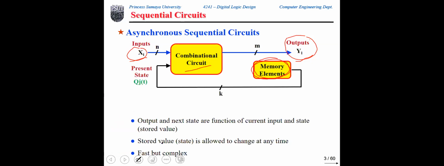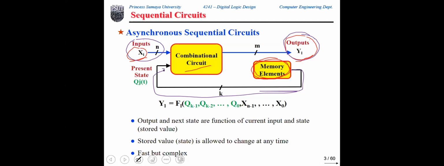So this is represented like this. So any output value is basically a function of the current input combination, and the value that is stored here, which is called the state. For simplicity, we call it the state. And specifically, we call it the present state. The value that is stored now.